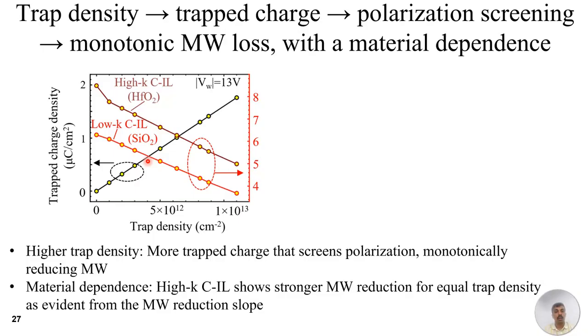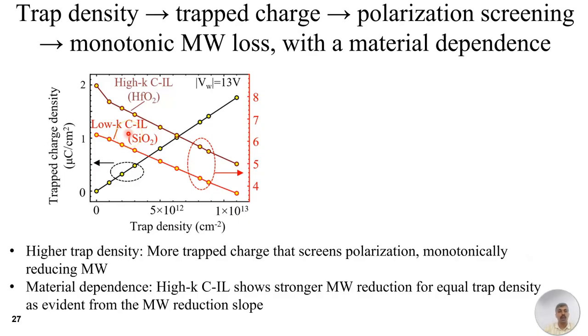One important observation here is that as we go from low K to high K CIL, the memory window reduction slope also increases. What it means is that for a similar or equal trap density, the memory window reduction in high K CIL is much stronger compared to low K CIL material.